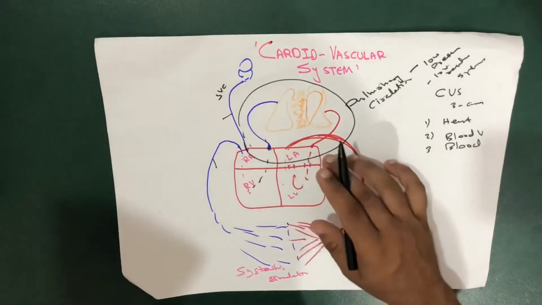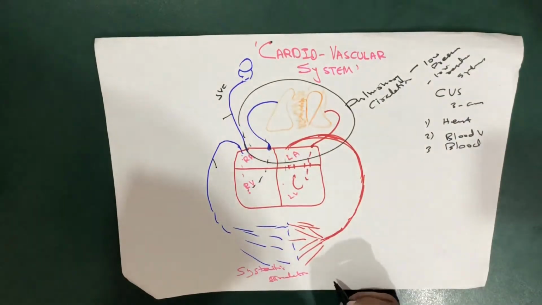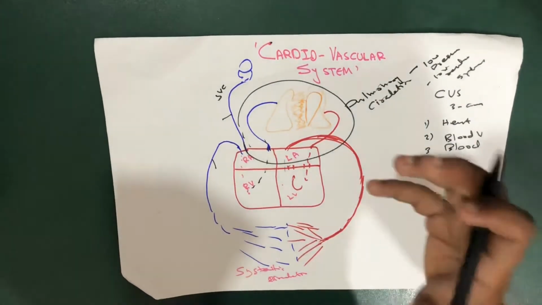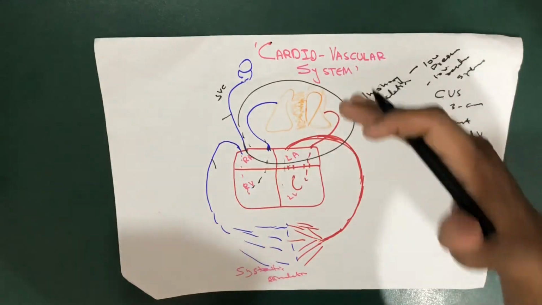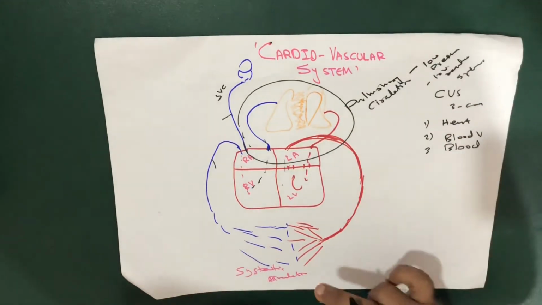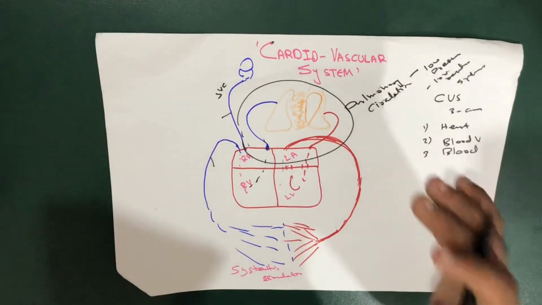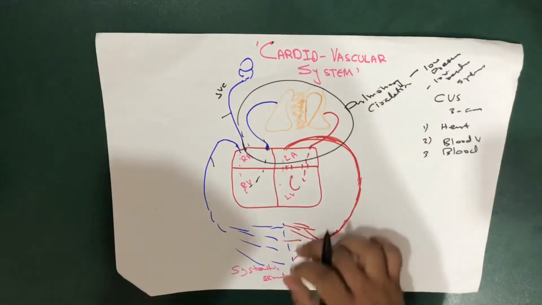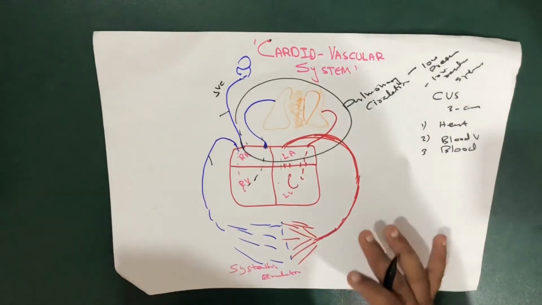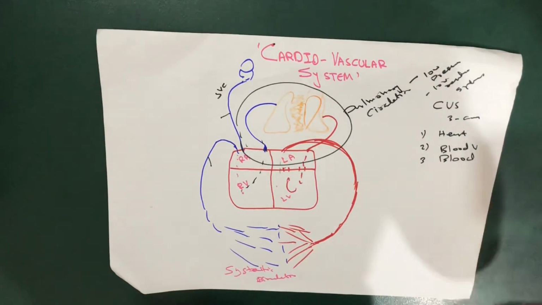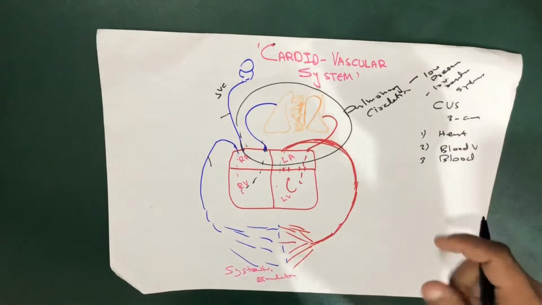One more thing about the systemic circulation: compared to the pulmonary circulation, the systemic circulation has high pressure and high resistance. Remember this one. And to add, the left side of the heart performs more work, and its wall is thicker than the right side.